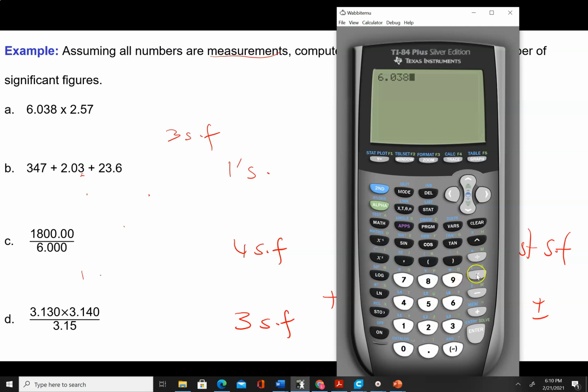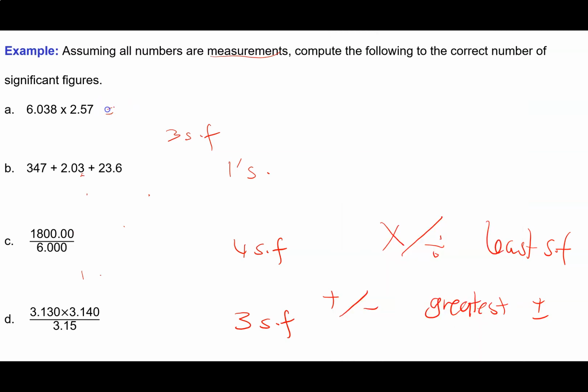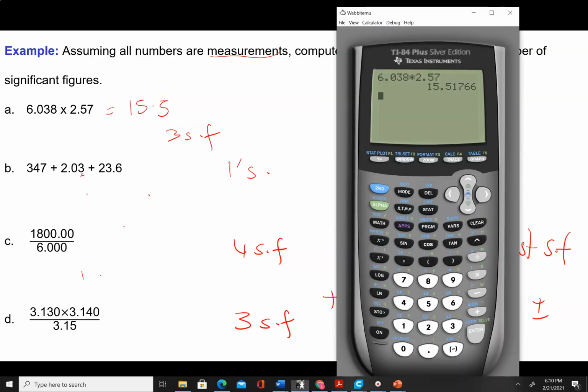So 6.038 times 2.57. Enter. 15.5. Equals 15.5. Pop the calculator up again. Okay, that to 3 sig figs, right?